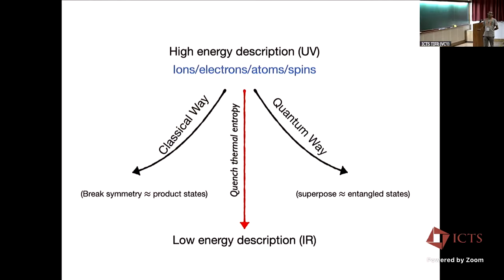When we start from some high energy descriptions of ions and electrons and try to go to a low energy description, which often is what experiments probe, the symmetry broken states and the framework mostly due to Landau and others work because the resultant states that we get at low energies are almost product states.